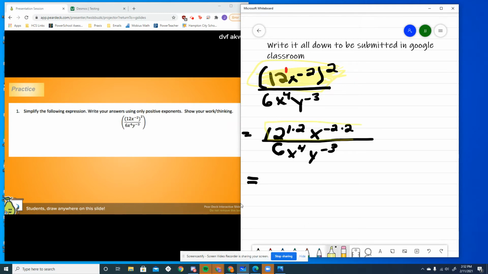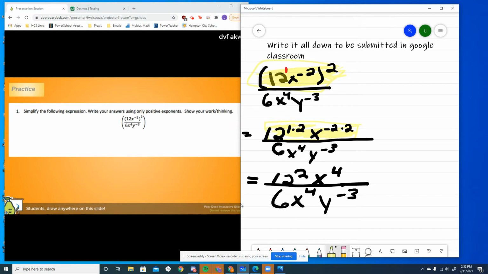I still need to simplify it, right? I get 12 squared x, negative 2 times 2 is going to give you a positive 4, and 6x to the 4th power, y to the negative 3.